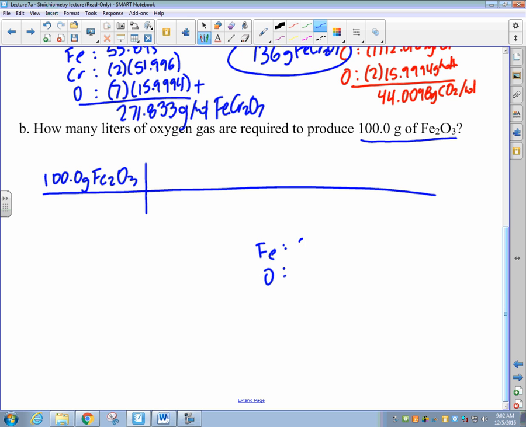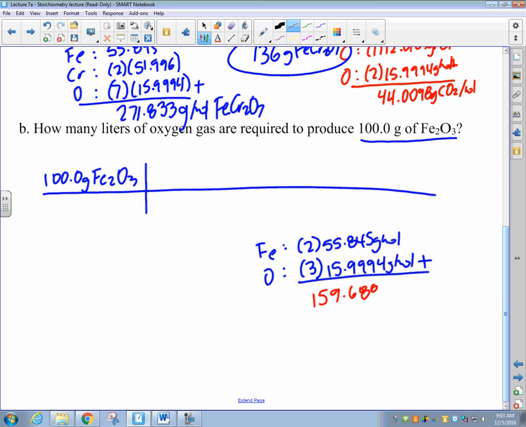We've got 2 irons per mole of ferric oxide and 3 oxygens. 2 times iron's 55.845 grams per mole, and 3 times oxygen's 15.9994 grams per mole. Add up those values and solve for me, please. 159.688 sounds perfectly reasonable to me. Grams per mole of Fe2O3.